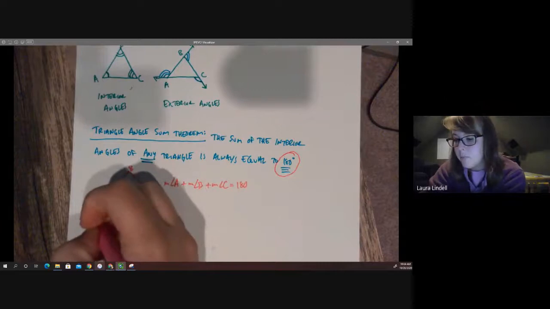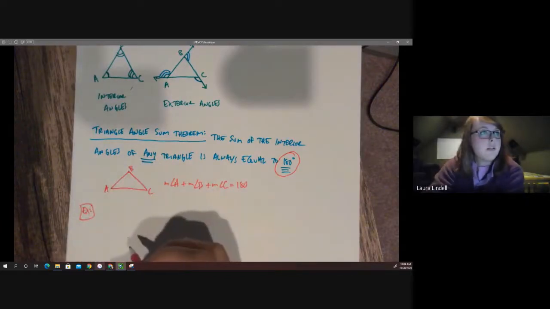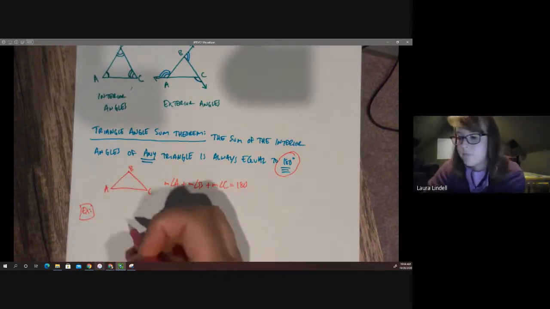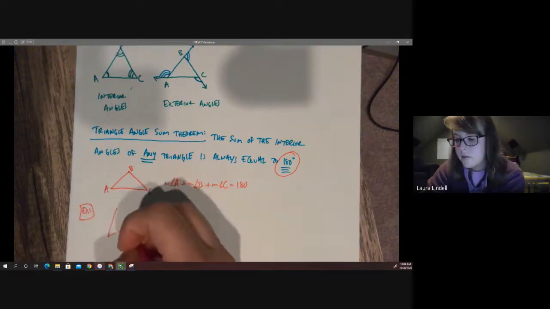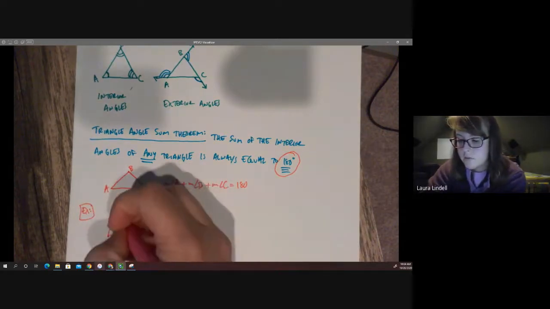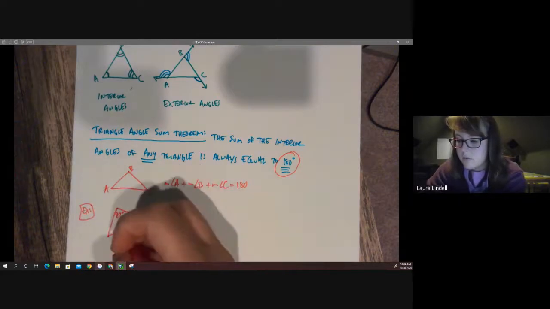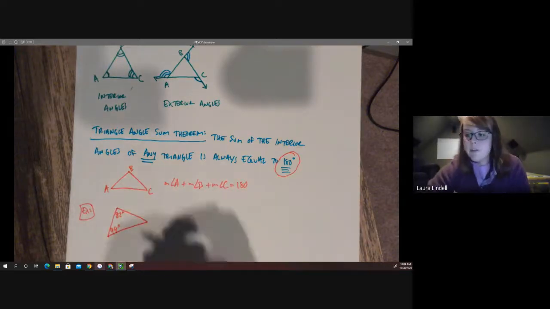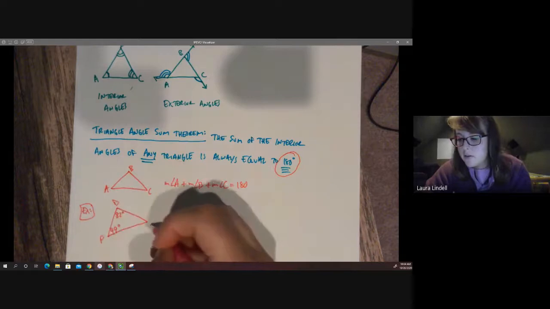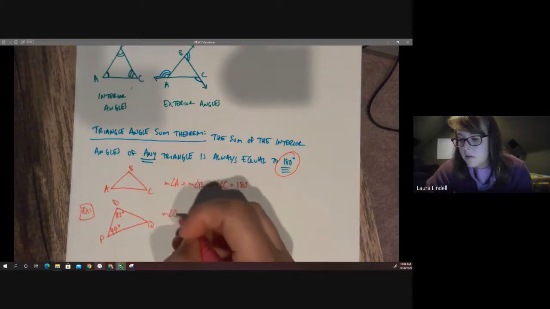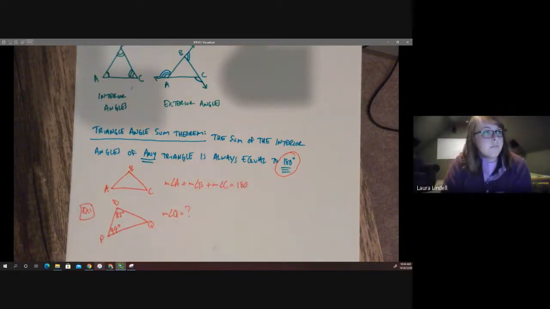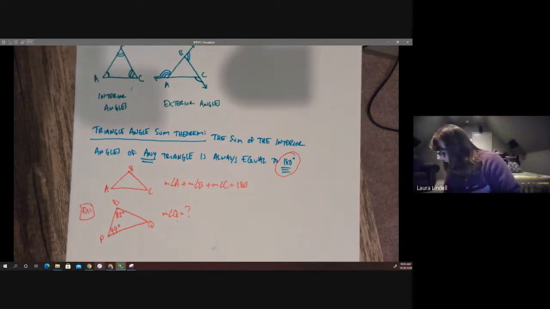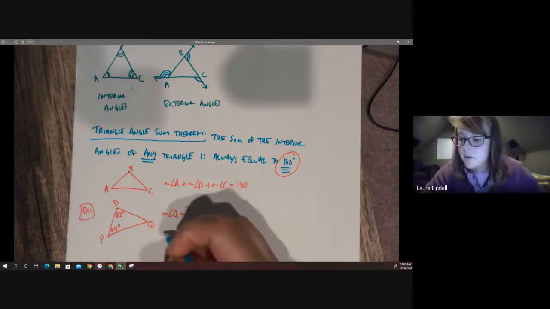So for example, if I have two angles on a triangle, I can find the missing one. And we can find the missing one by just taking 180 and subtracting off the two that we know.